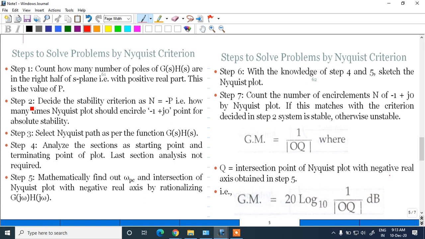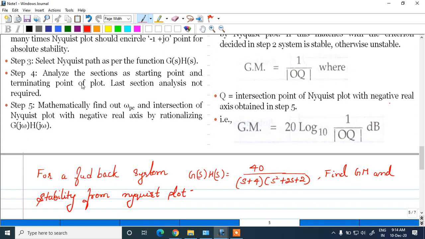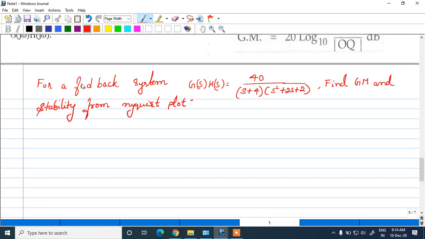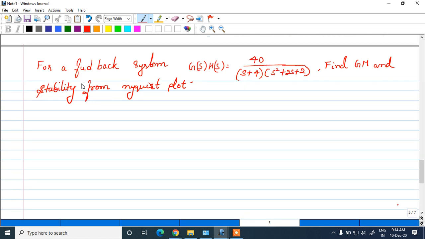And here we have the steps. Step 1, you need to count how many poles of G(s)H(s) are in the right half of the s plane, that is with positive real part. Let me take step 1.